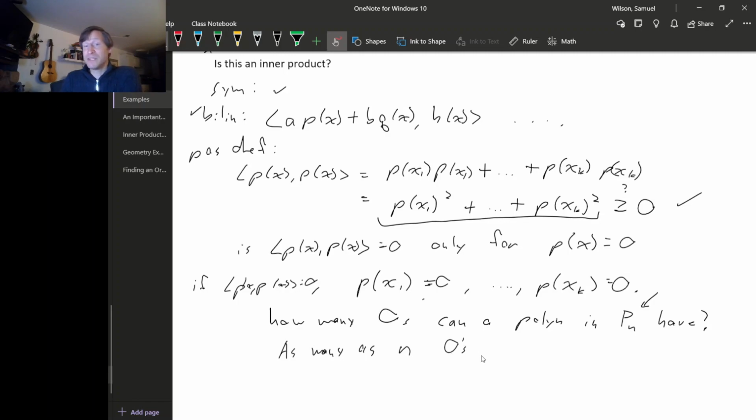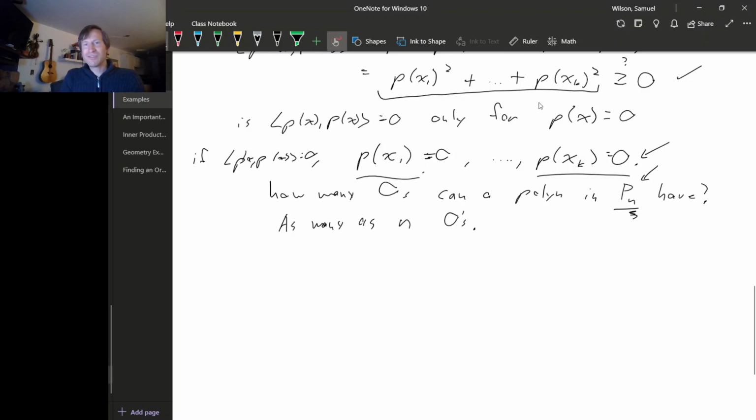And still be non-zero. So if we want this to happen only for the zero polynomial, we need to have enough items in our list here so that there's more than n of them, right? Because if there were exactly n of them, it is possible for an n-degree polynomial to have n distinct roots and not be the zero polynomial.